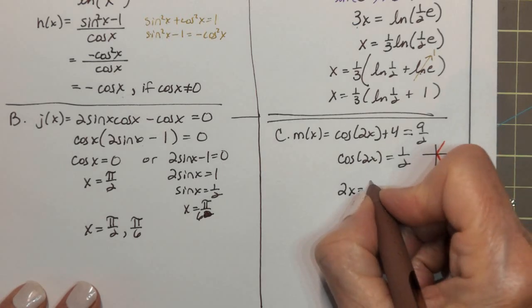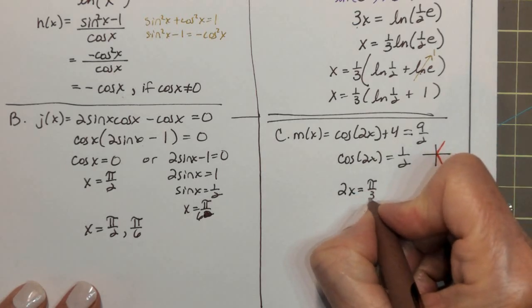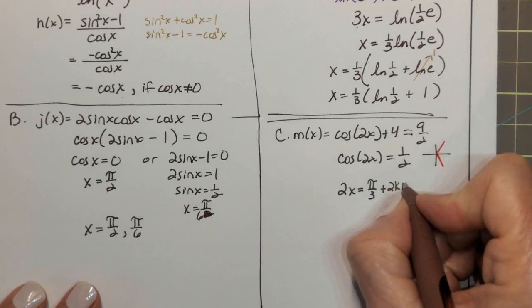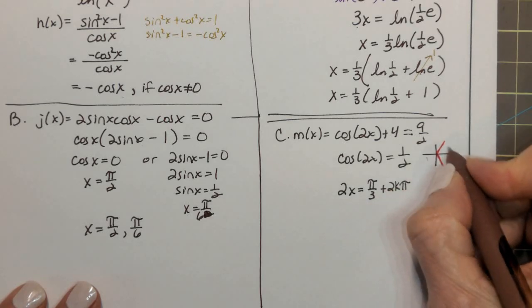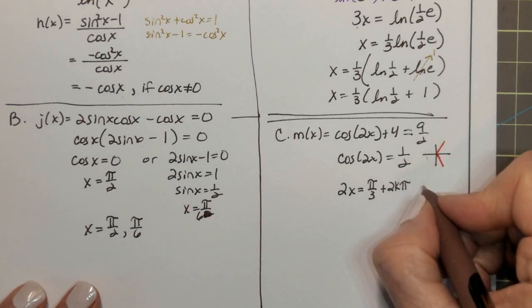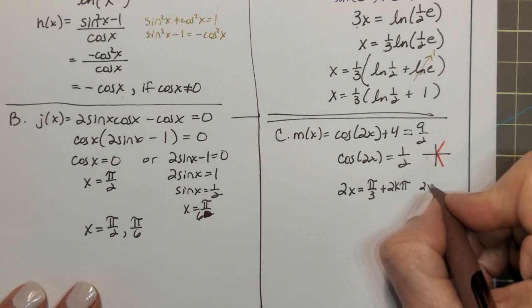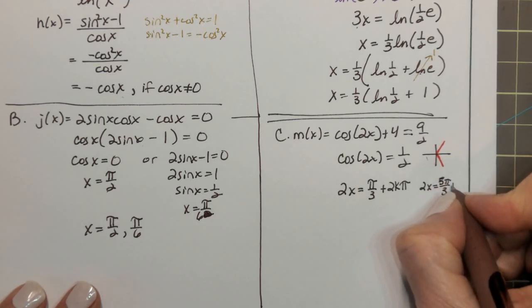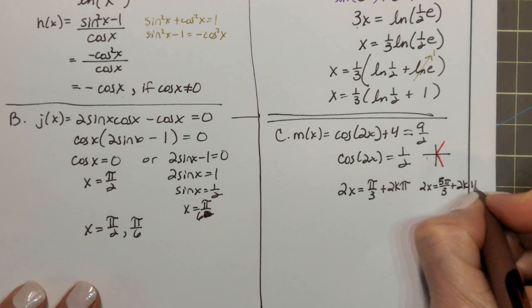So if we take that pi/3, add 2k pi, that will get me all of those. But then I also have 2x is equal to 5 pi/3 plus 2k pi.